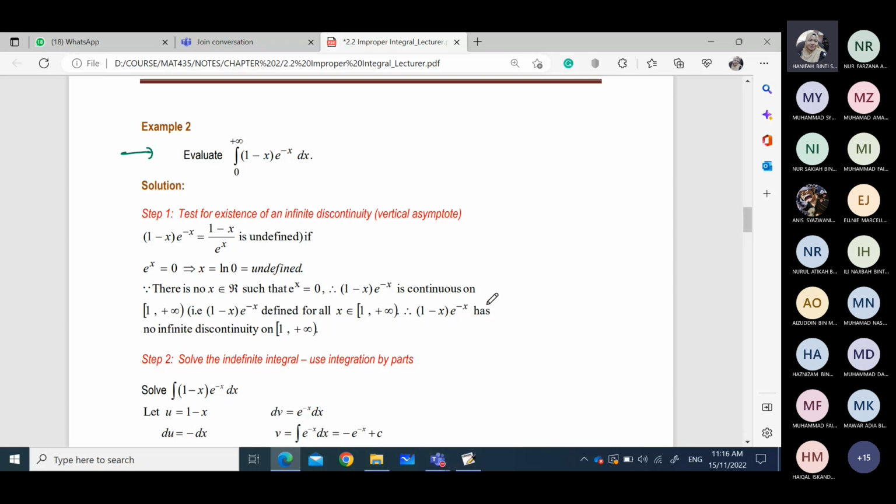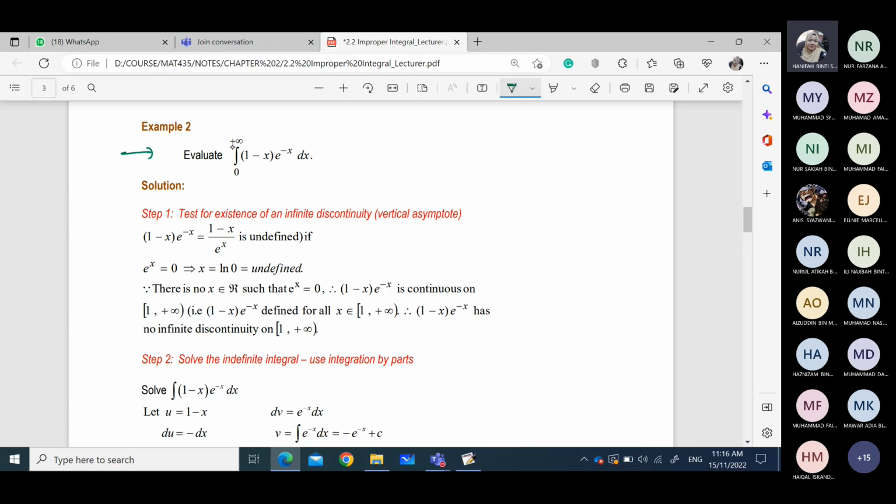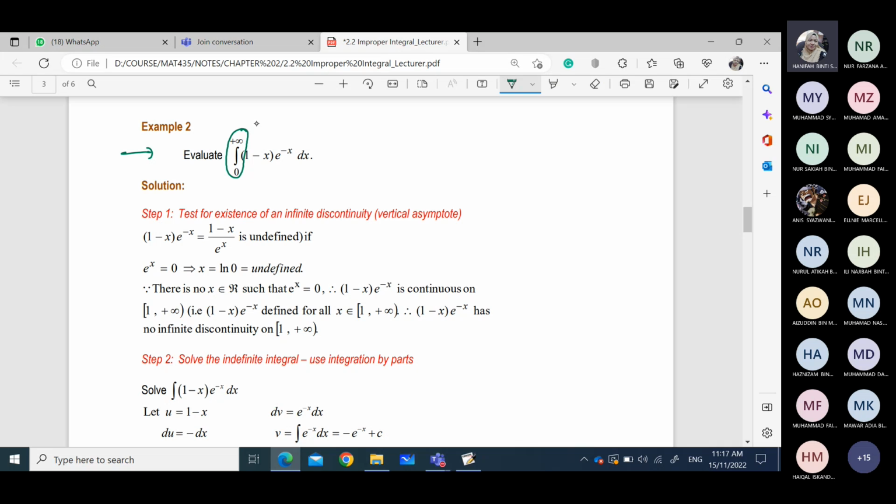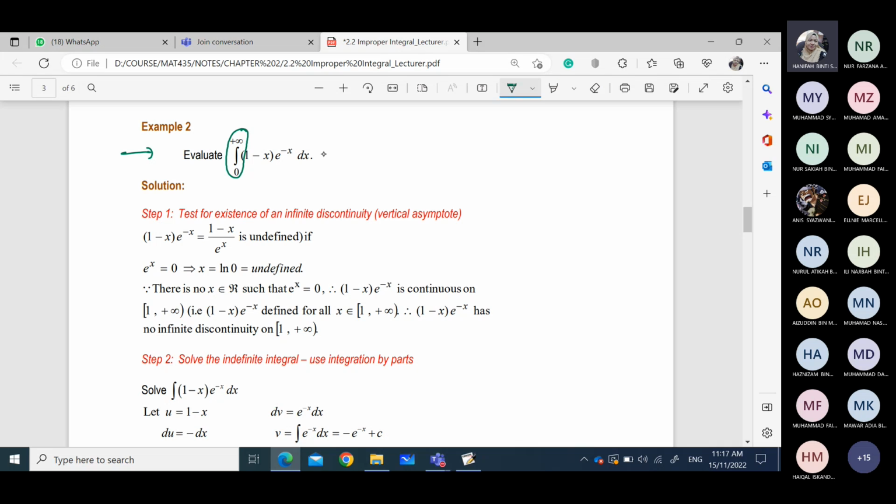Alright, so in this example, we need to evaluate the improper integral of 1 minus x times exponent to the power of negative x with the interval 0 to infinity. Based on this improper integral, first we can identify the interval of x. So the interval of x is 0 to infinity.